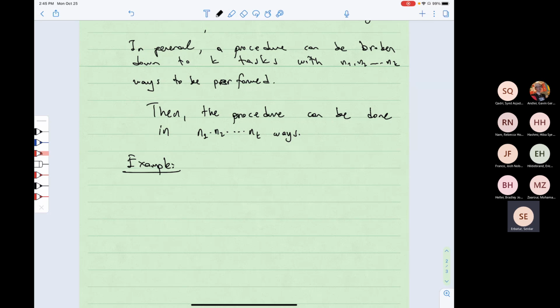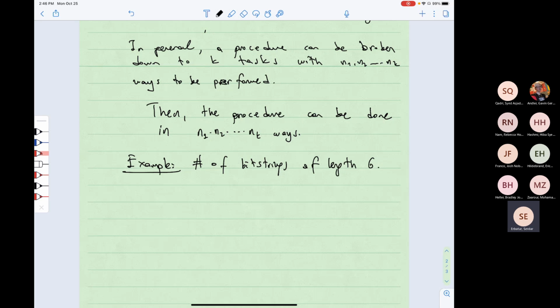Imagine you want to write down the number of bit strings of length 6. Well, what is a bit string? Anybody remembers? Yeah, zeros and ones. In a bit string, there'll be only zeros and ones in any order that you can imagine.